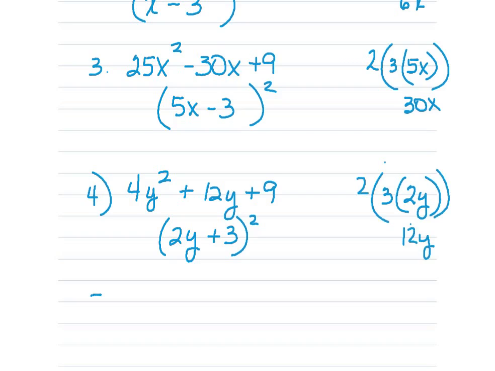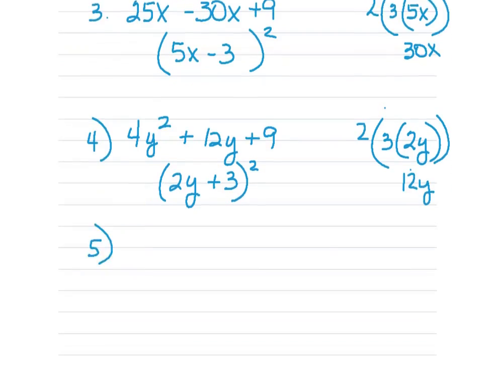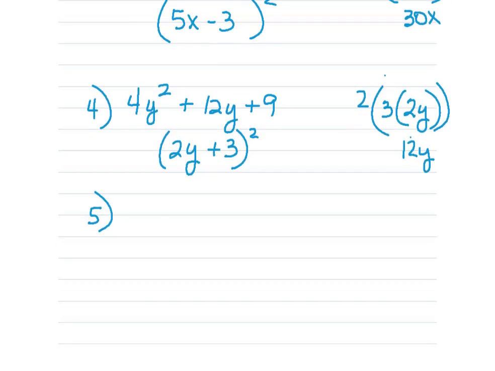Okay. Number 5. 9x squared minus 6x plus 4. Okay, so again, let's see if this follows the pattern of the perfect square trinomial. Is your first term a perfect square? The answer is yes, and its square root would be 3x. Is your last term a perfect square?